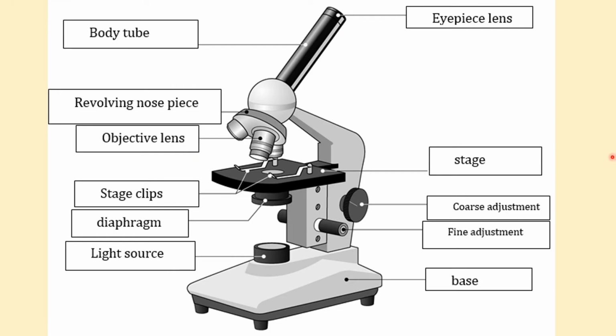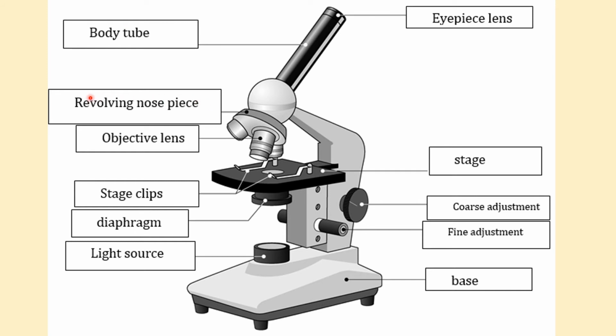Alright, so here we have the correct labels. So going down this side, this is the eyepiece lens, that's what you look through. Then you've got the stage where you put your microscope slide, and that's going to be held in place using stage clips. Down here you've got the coarse adjustment and the fine adjustment, sometimes called the coarse adjustment knob and the fine adjustment knob, and the base of the microscope. On the other side, we don't often label up this part, but it's called the body tube.